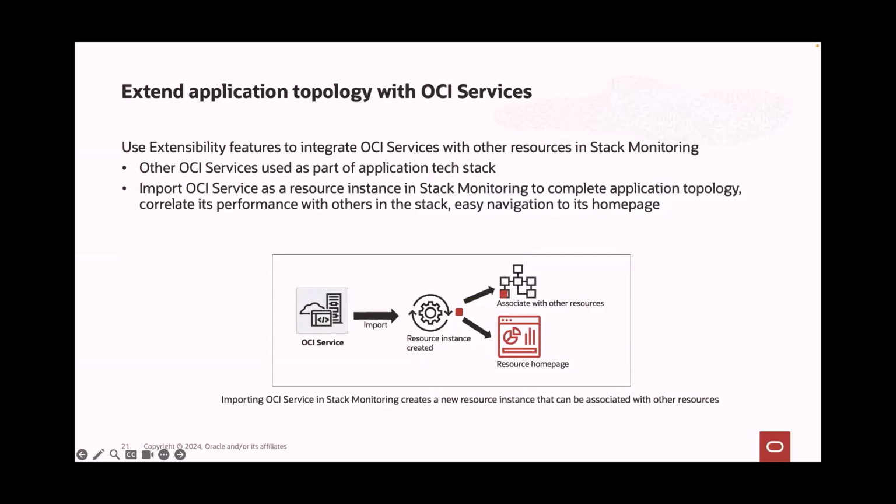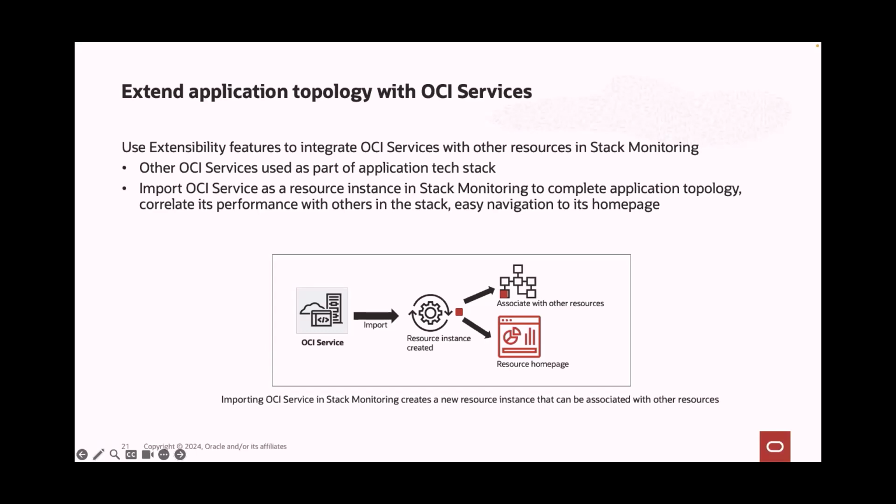Importing resources into Stack Monitoring allows for the application's topology to be completed by creating associations between the imported resources and Stack Monitoring resources. This reduces troubleshooting time by providing access to all resources and their availability and performance metrics of the entire application stack, which now includes the load balancers, application servers, databases, and even storage, right?